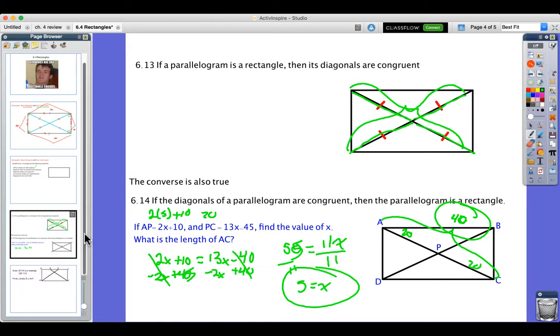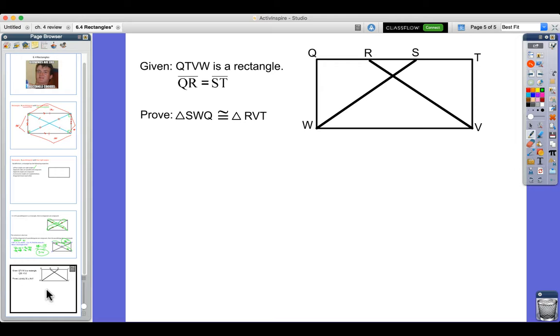Right there. And the last thing on here, let me do a little proof. All right, so it tells us this is a rectangle. Okay, that's good to know. That means opposite sides congruent, all that fun stuff. And that QR, sorry, is congruent to ST. Good. Prove that the triangle SWQ, this triangle right here, is congruent to this triangle right here.